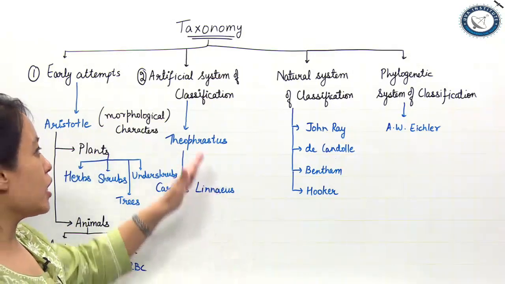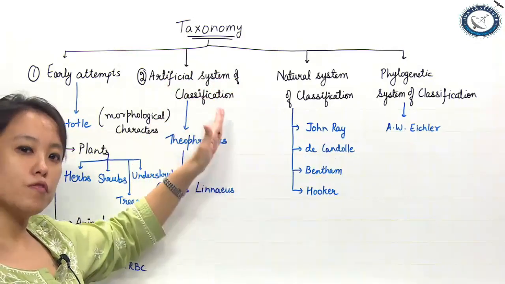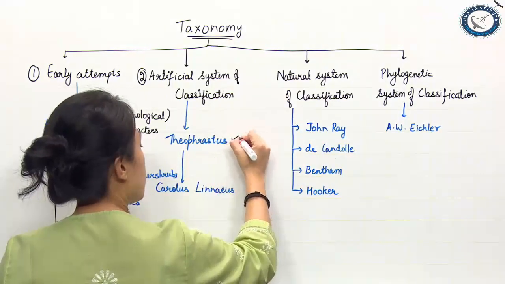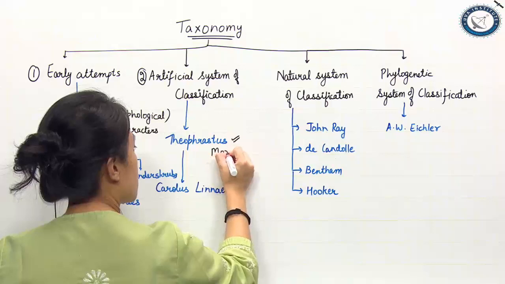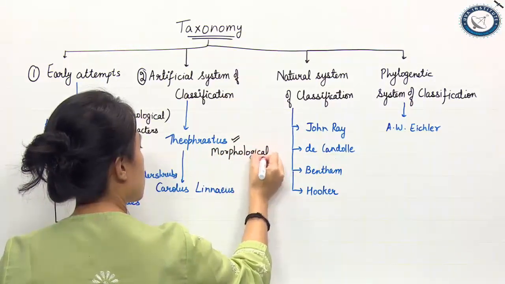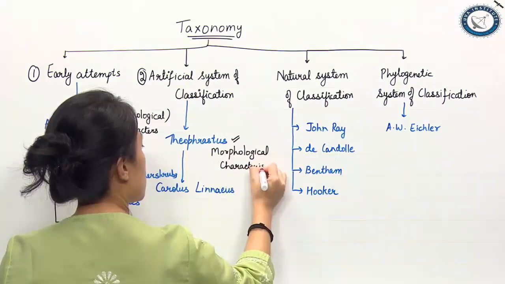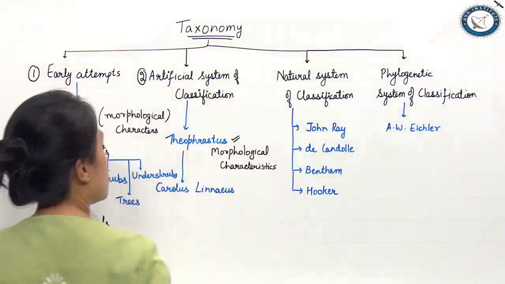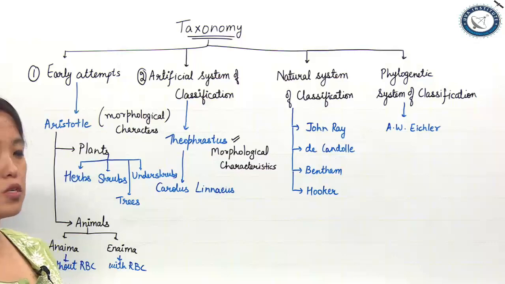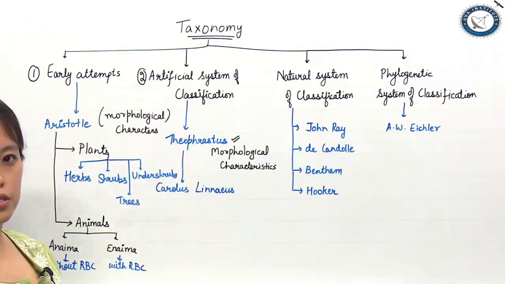If I would say the first artificial system of classification was first given by Theophrastus, again on the basis of morphological characteristics. So if somebody asks who was the first person to give the artificial system of classification, it would be Theophrastus.